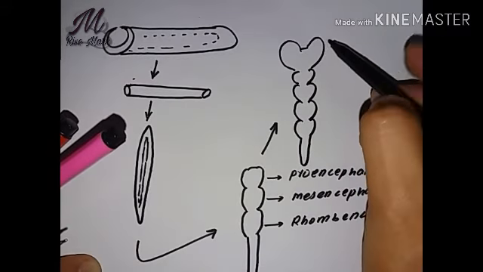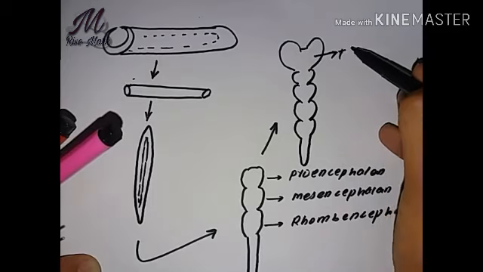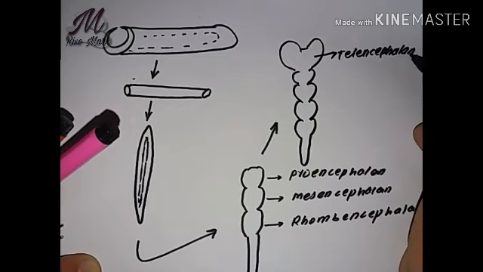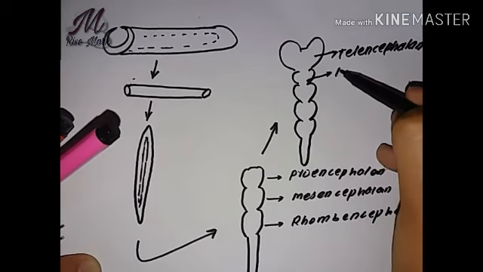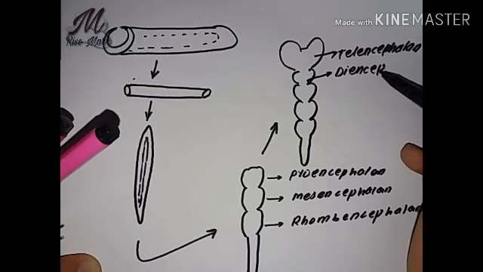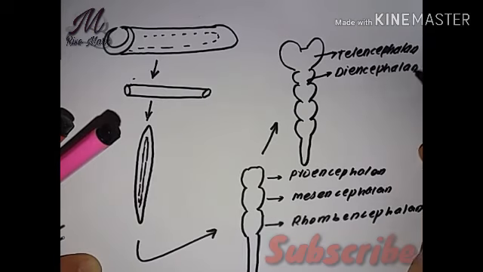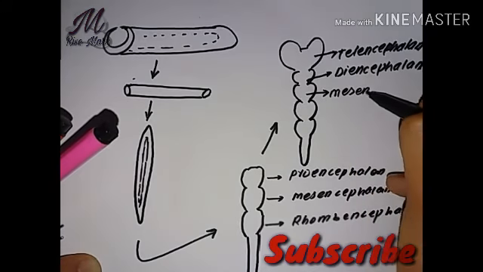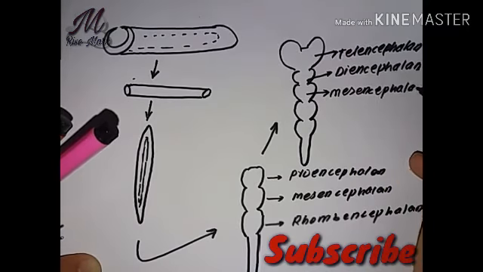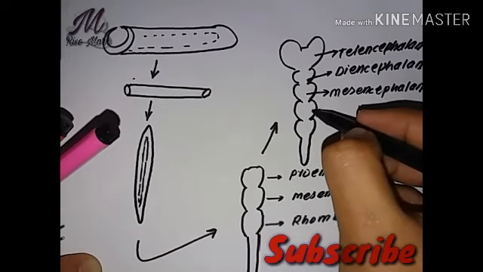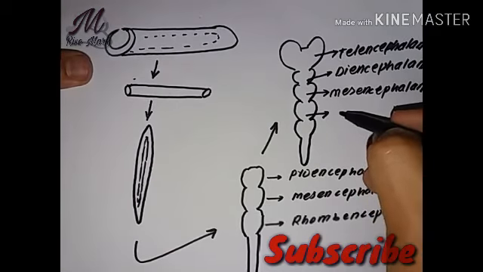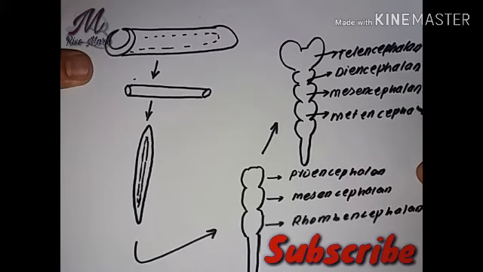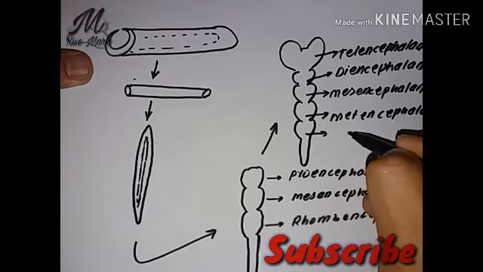The prosencephalon will differentiate into the telencephalon and diencephalon. And then, thank God, the mesencephalon remains the same. And the rhombencephalon differentiates into the metencephalon and myelencephalon.